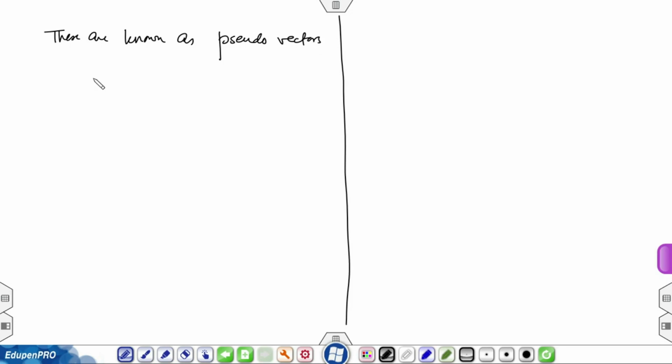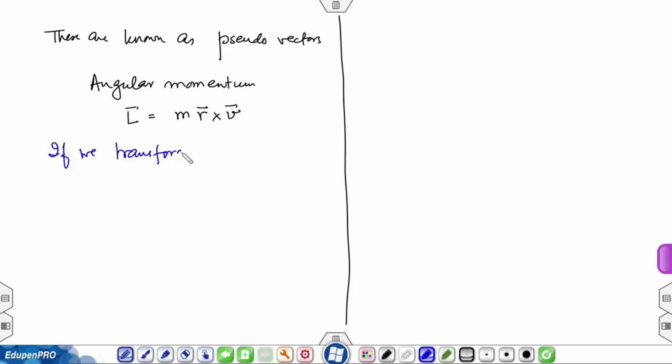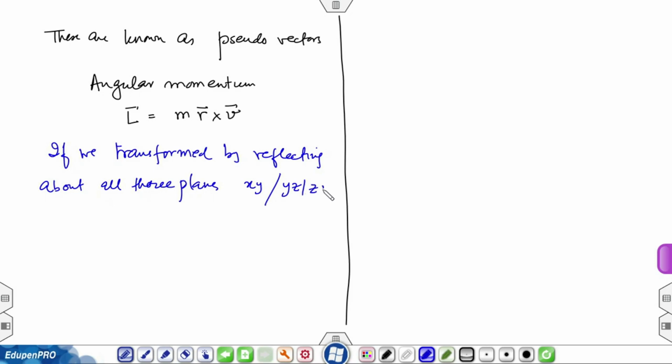So, let us take the angular momentum L, which is m r cross v. Let us say we transformed by reflecting about all three planes, that is x y, y z and z x, all three planes.